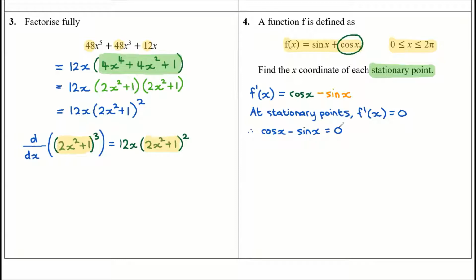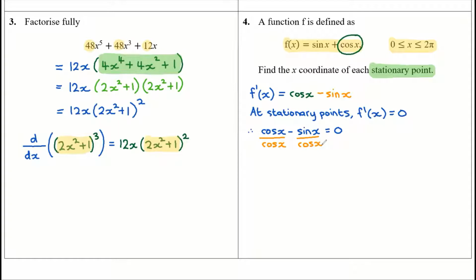Well, we can use our trusted trig identities for this. If you see cos x and sine x, and it's all equal to 0, a good thing to do is to try and convert this into tan x. And we can do that by dividing everything that you can see by cos x.